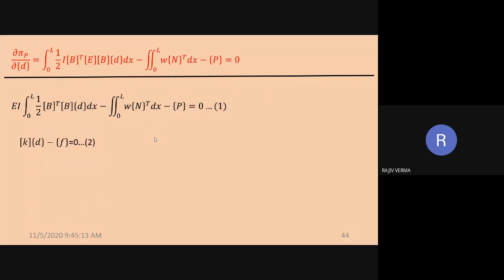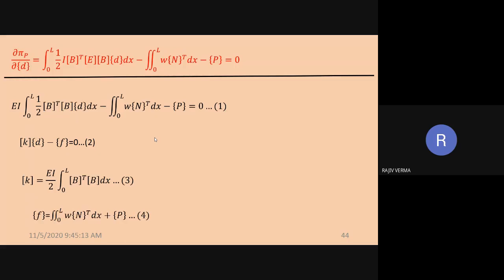which now becomes the governing equation for the beam element given in equation number 0, where K is the stiffness matrix represented by EI divided by 2, and the integration of B transpose into B dx, represented in equation number 3.